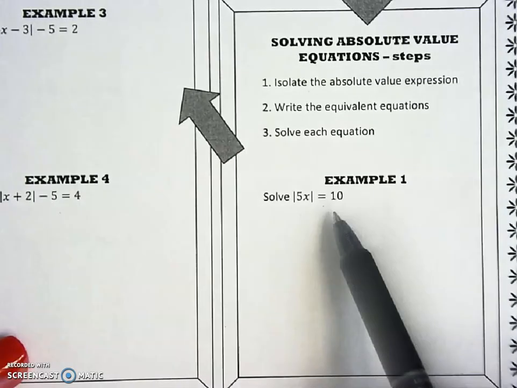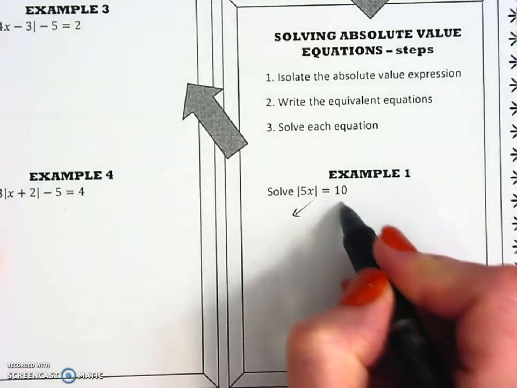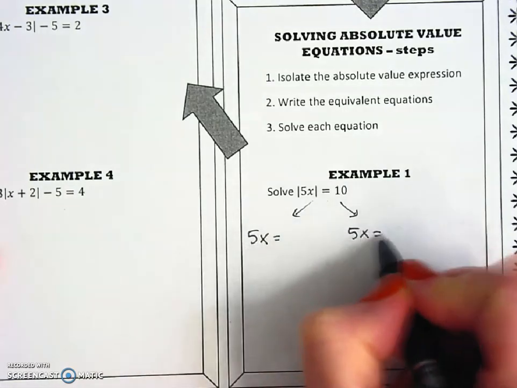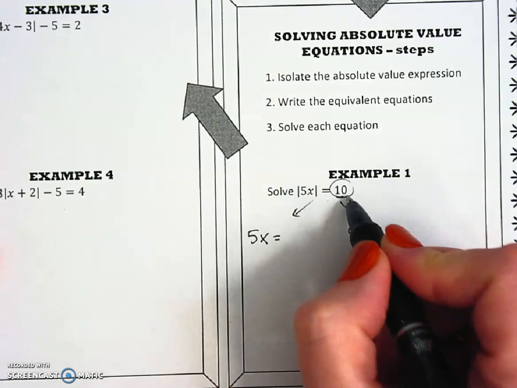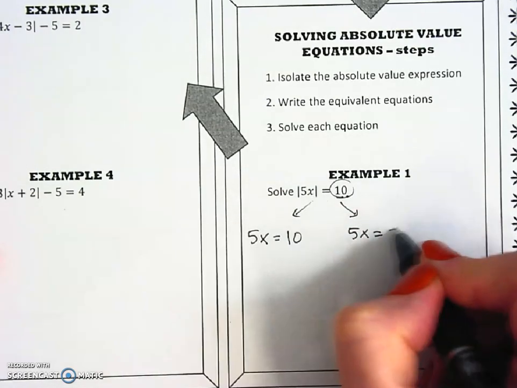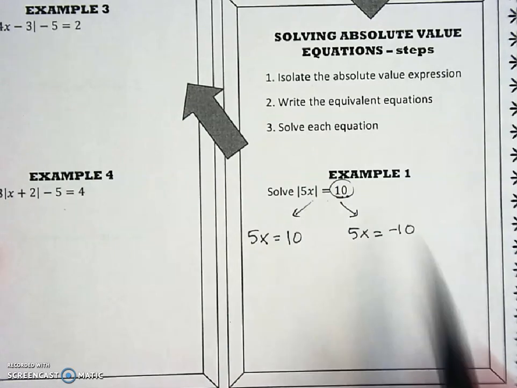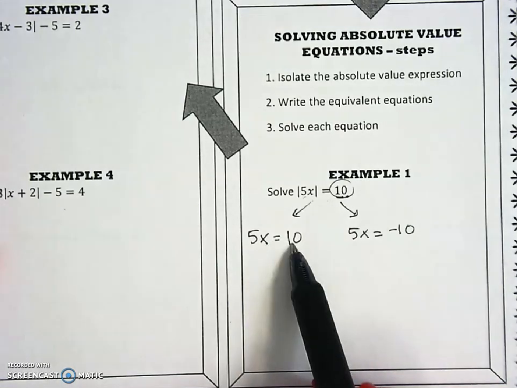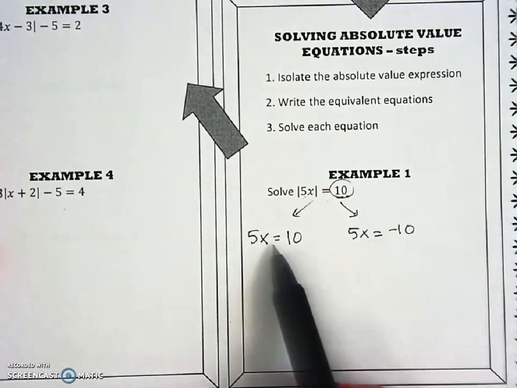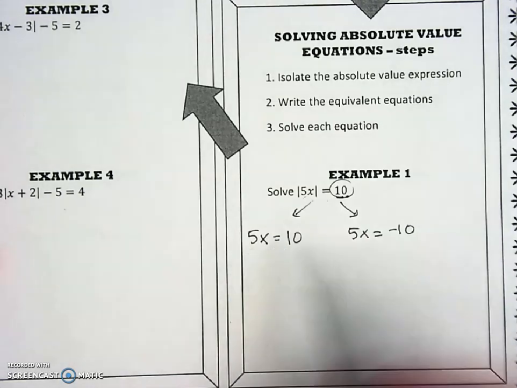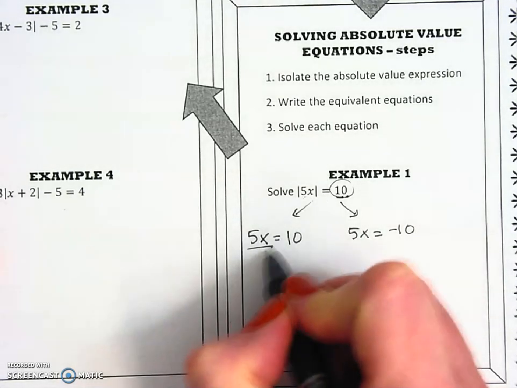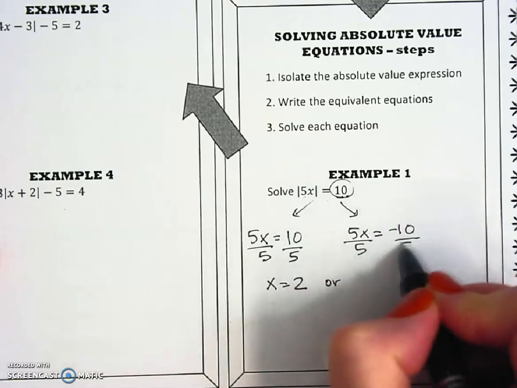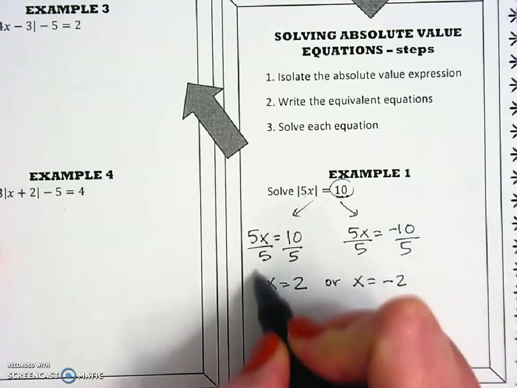So here, take the stuff inside and set it equal to the positive version of this constant and the negative version, because that stuff inside can either equal 10 or equal negative 10. We write it down literally as equations, and then we solve those two equations. So x can be 2 or x can be negative 2.